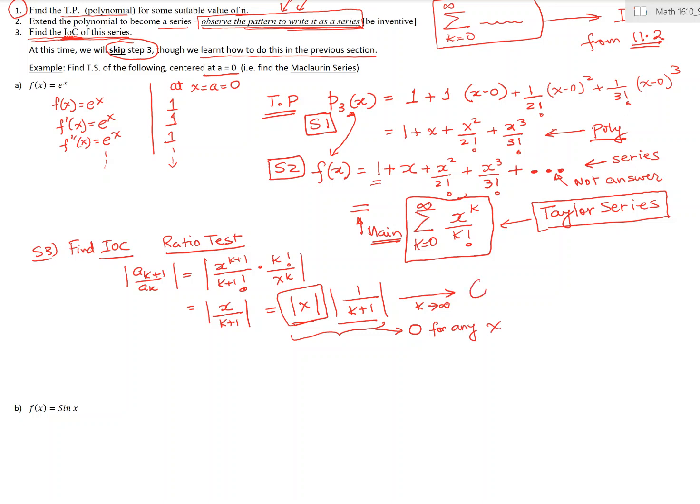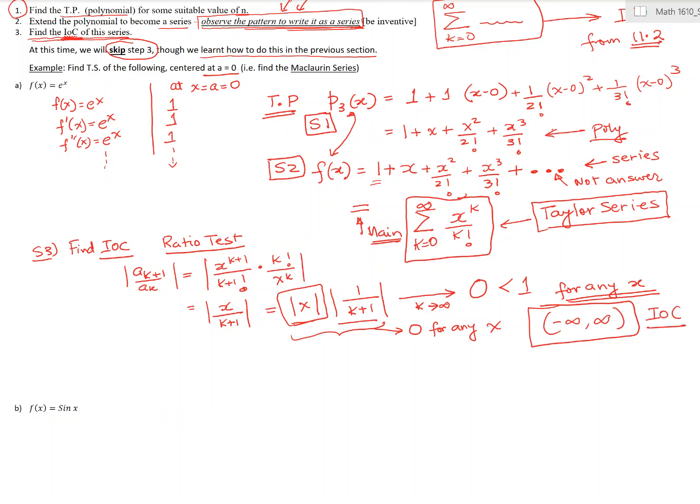So that means the limit is 0, which is less than 1, what we want, for any x. So if it's true for any x, that means my interval of convergence is negative infinity to infinity. So this is my interval of convergence.